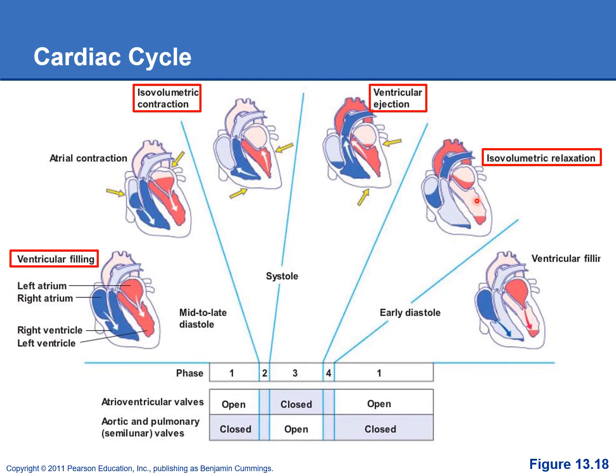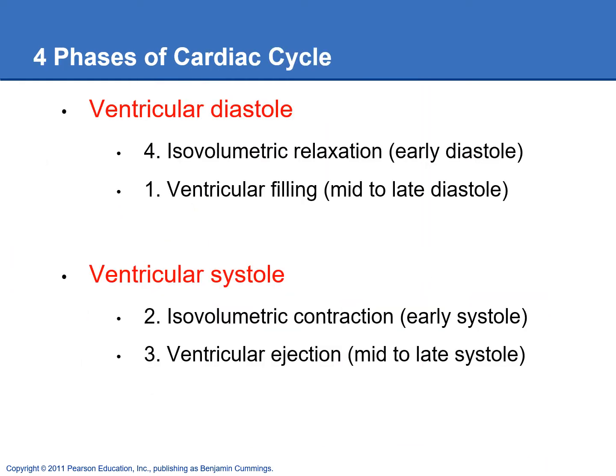But the pressure in the ventricles is higher than what's in both atria, so the AV valves will be closed. So all 4 valves are closed and no blood is entering or leaving the ventricles during isovolumetric relaxation. And then I've just classified them as far as which phase is occurring during diastole and which ones are occurring during systole.